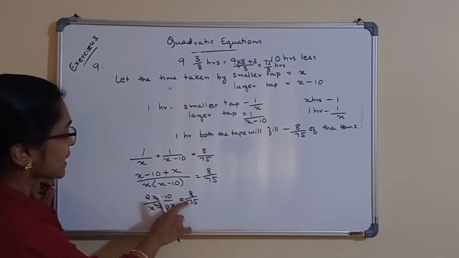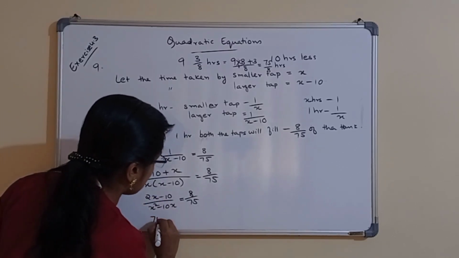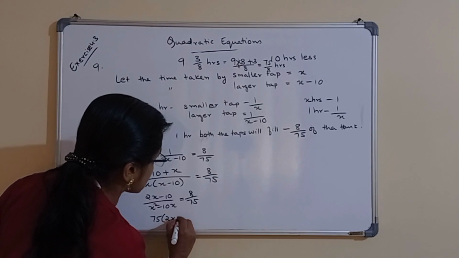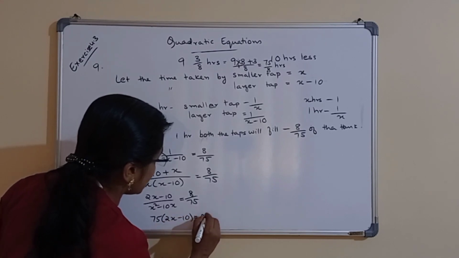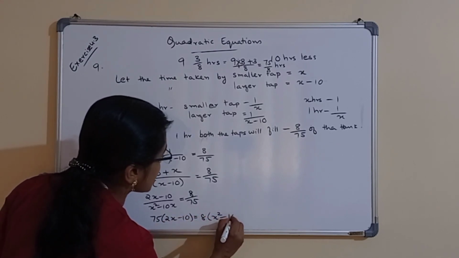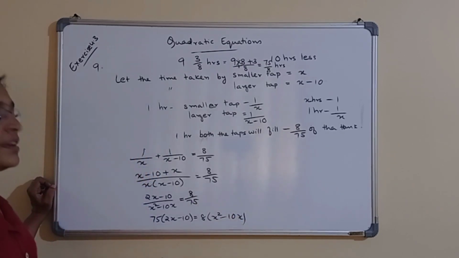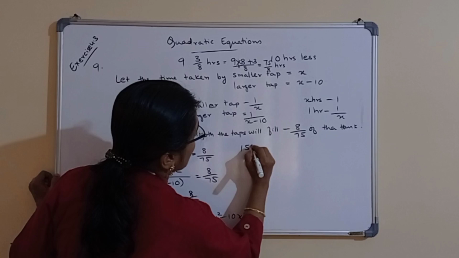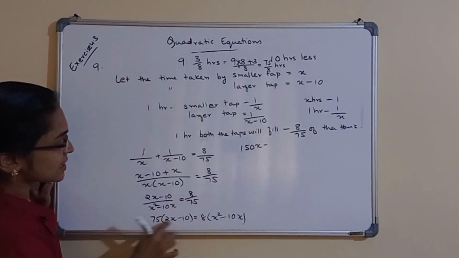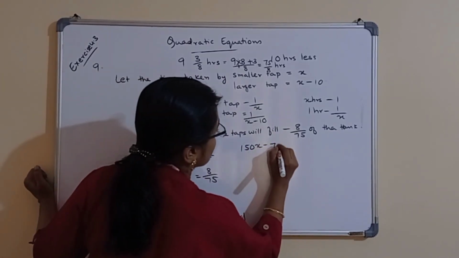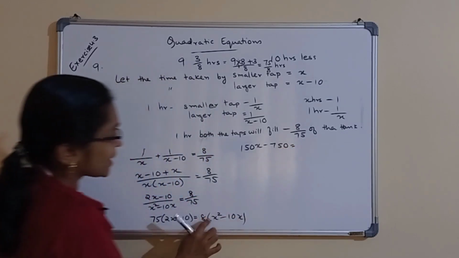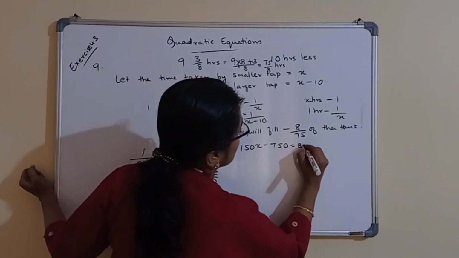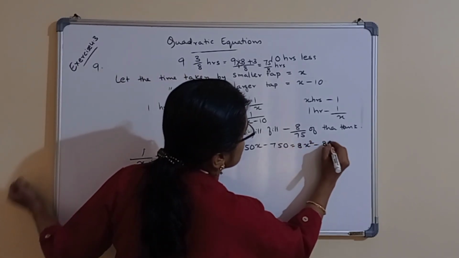Which means we can cross multiply: 75 into 2x minus 10 is equal to 8 into x square minus 10x. Which means 75 into 2 is 150, 150x minus 75 into 10 is 750, equal to 8x square minus 80x.